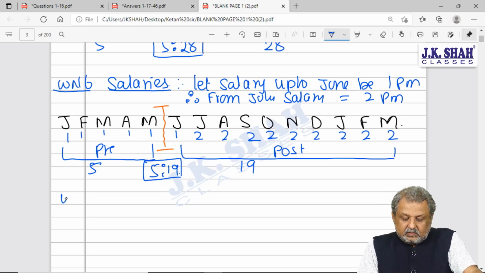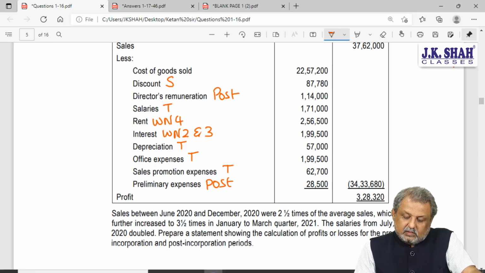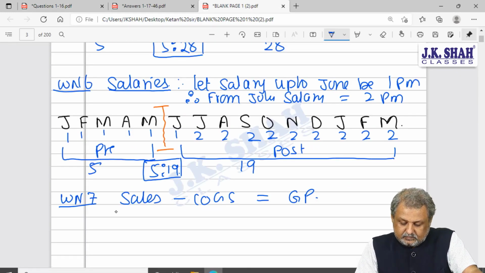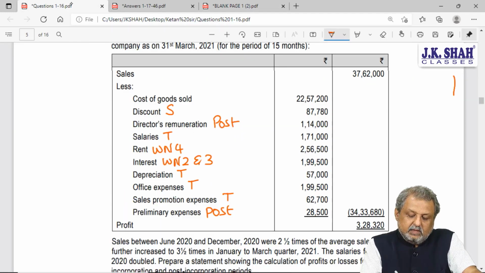Then, last working note. Sales minus COGS is equal to GP. So sales 37,62,000 minus 22,57,200.